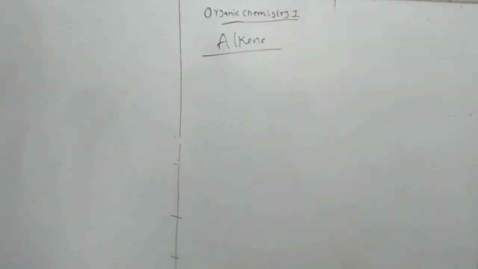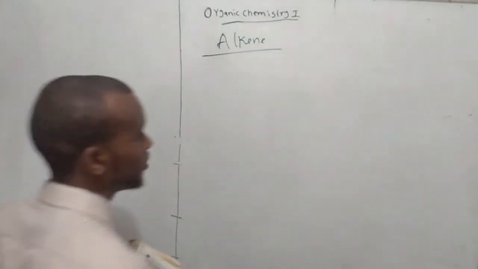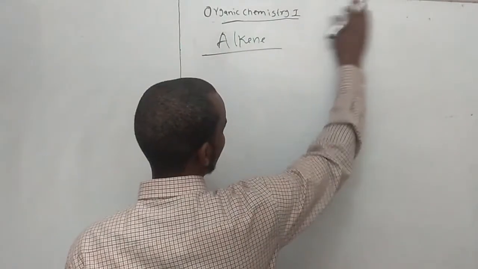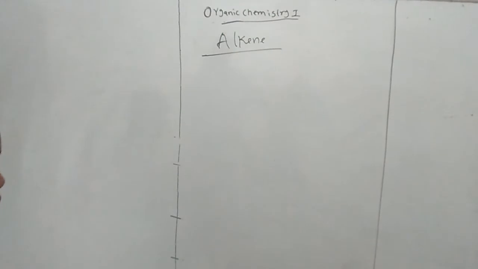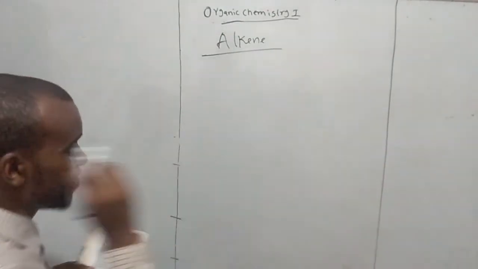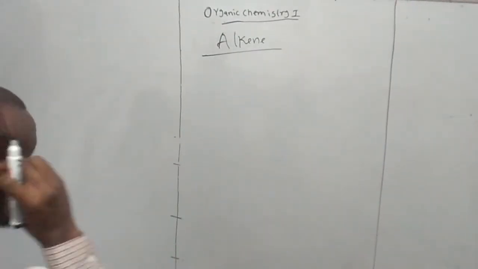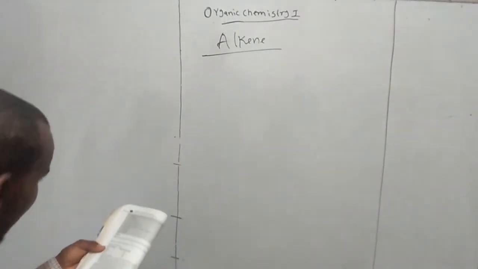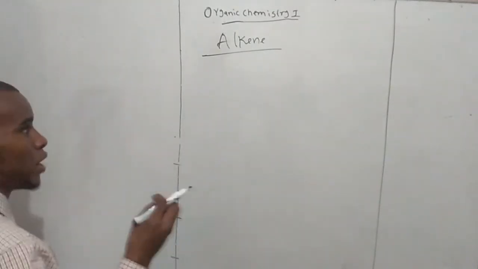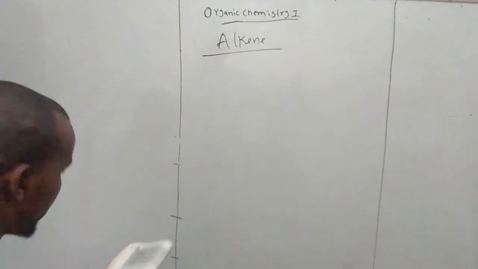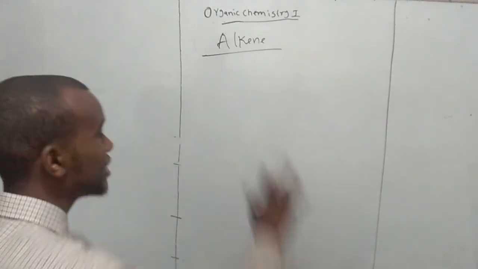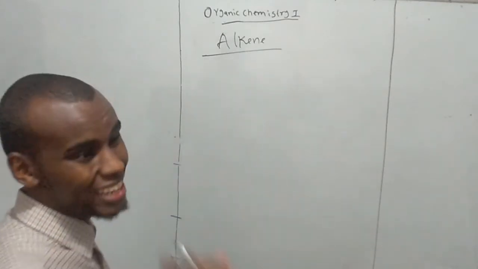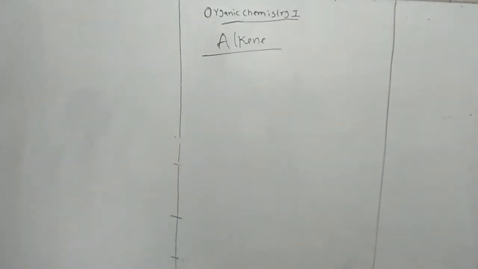Since we dwelt more on alkane, some of the characteristics are going to repeat, but now we are going to move with speed, because most of the things we have done in alkane apply. You have to know that alkenes are hydrocarbons which contain at least one double bond. Remember, alkane was single bond, but alkenes contain at least one double bond.